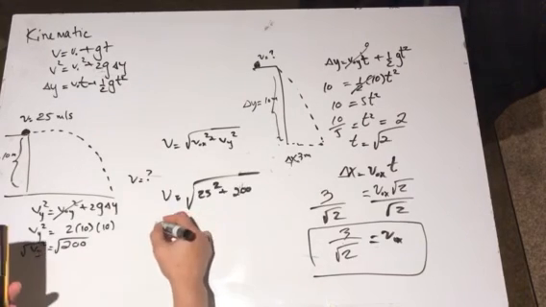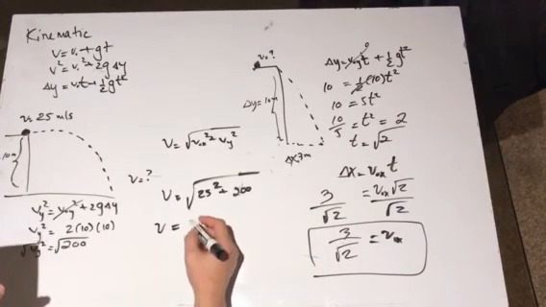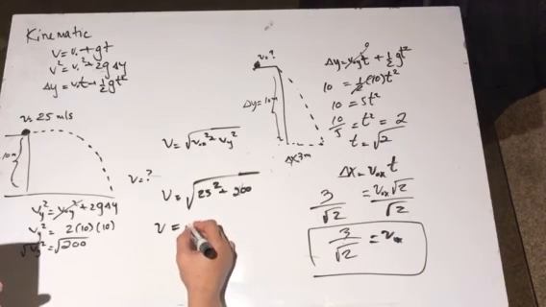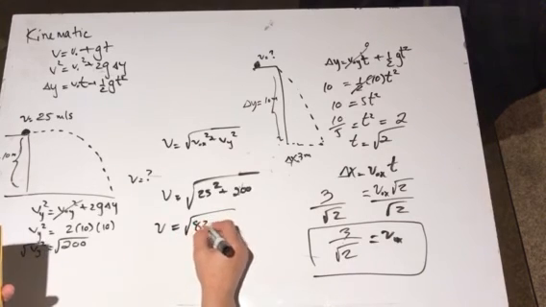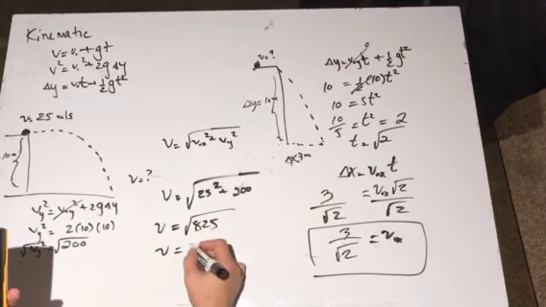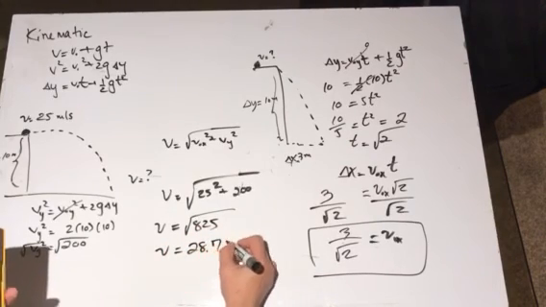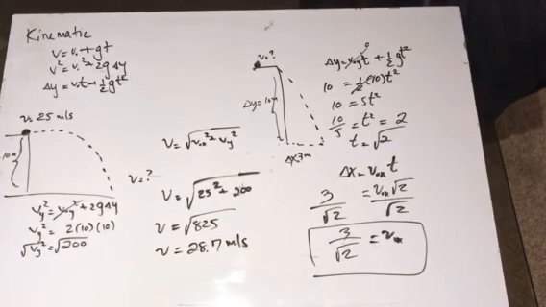So 25 squared plus 200, and velocity is the square root of 825, and when you do that, it's equal to 25. That's what you will get, and that's how you resolve question 16.